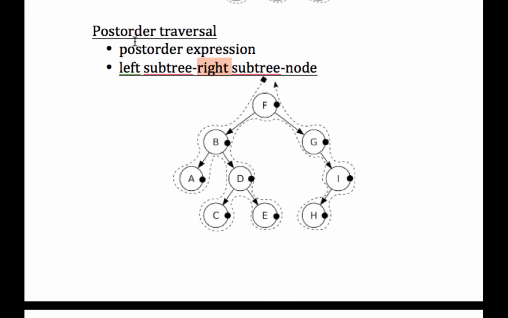In other words, in a post-order traversal, we're going to visit all the nodes that are on the left subtree first, then all the nodes that are on the right subtree, and the very last thing that we do in a post-order traversal is to deal with the node at the very root of the tree.